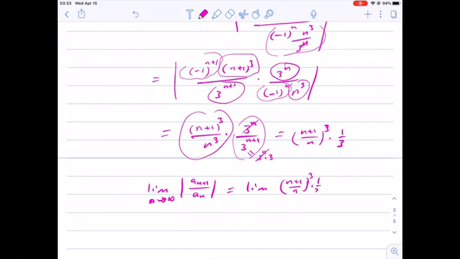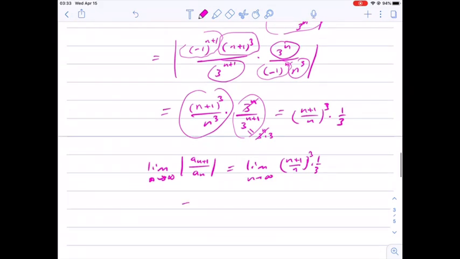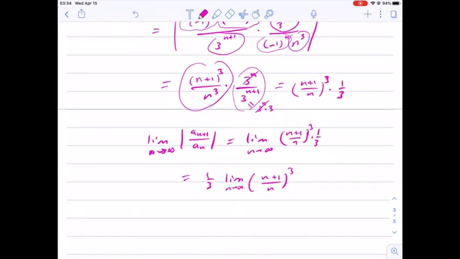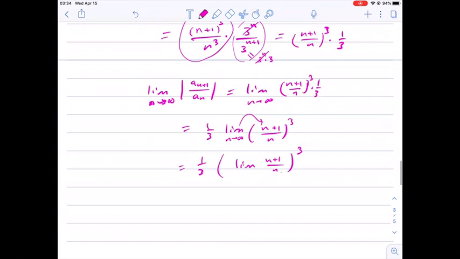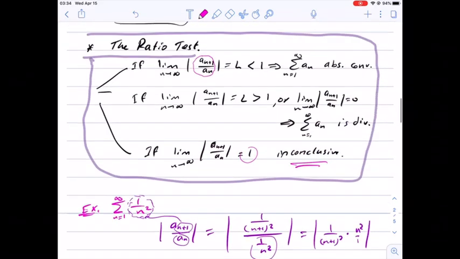This is the limit of ((n+1) over n) cubed times 1/3. This gives 1/3 times the limit of ((n+1) over n) cubed, and we know that we can insert the limit inside. But (n+1) over n is equal to 1 as n goes to infinity. You can find the derivative of the numerator and the derivative of the denominator by applying L'Hopital's rule, and you get 1 over 1. So the answer here is 1/3.